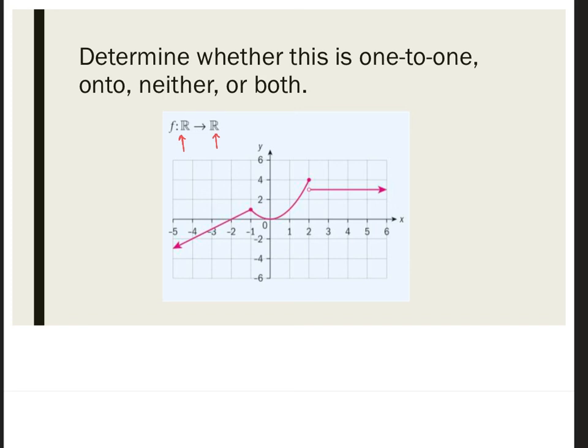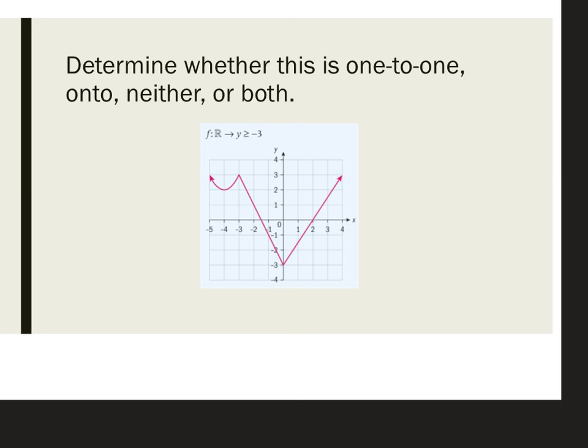It does not pass horizontal, so it's not 1 to 1. Now is it onto? Let me ask you this: what maps onto 6? 6 is an element of the real numbers. Is there anything that gives you a y value of 6? So this one is neither. This is not 1 to 1 and it's not onto.